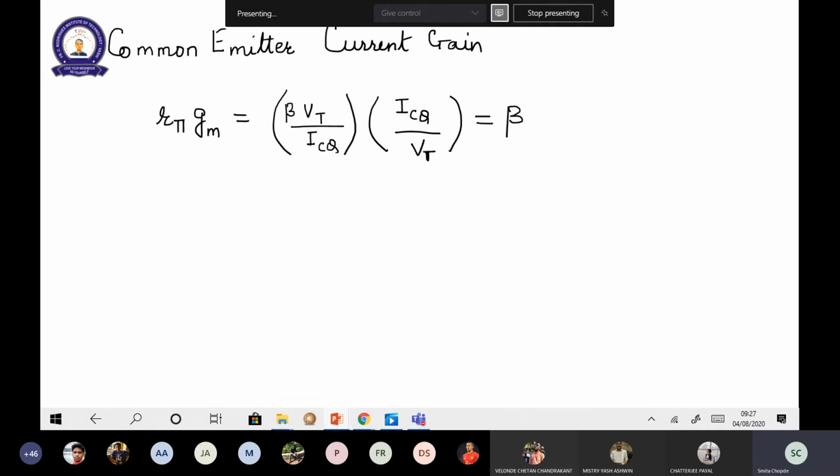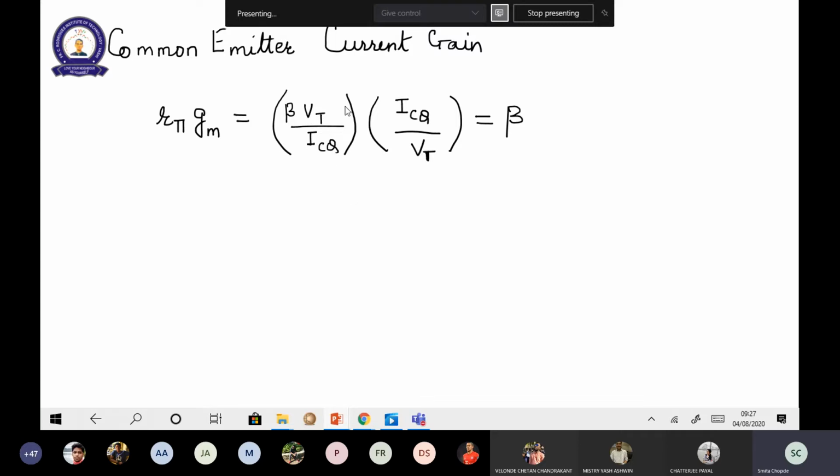So here the common emitter current gain is R pi into GM. R pi is nothing but beta into Vt upon ICQ. Vt is the thermal voltage that is existing between the collector and the emitter junction. Vt is a standard value, 26 millivolts, generally referred to as 0.026 volts, and ICQ is the quiescent current.